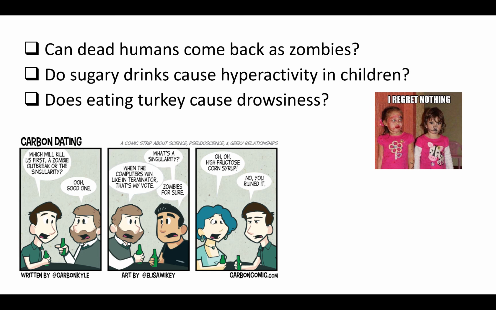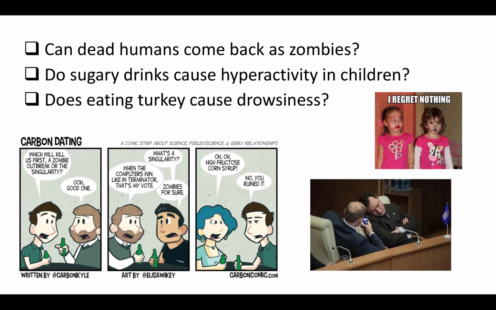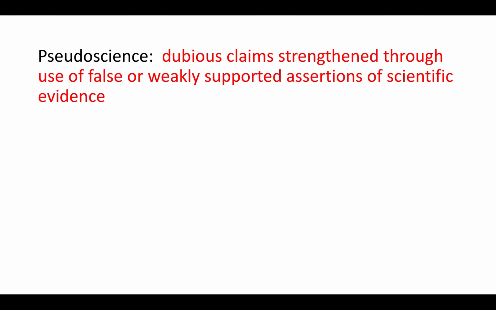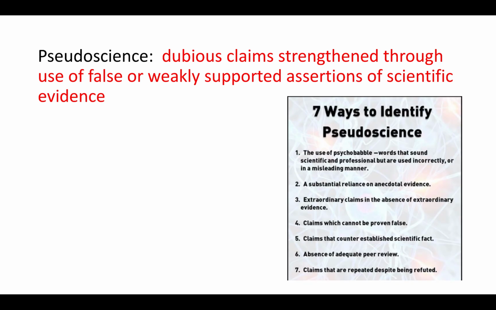So first, looking at pseudoscience. It's a dubious claim that is strengthened through the use of false or weakly supported assertions of scientific evidence. Some things you want to look out for to identify if something may be pseudoscientific: the use of psychobabble, which are words that sound scientific and professional but are used incorrectly or in a misleading manner.